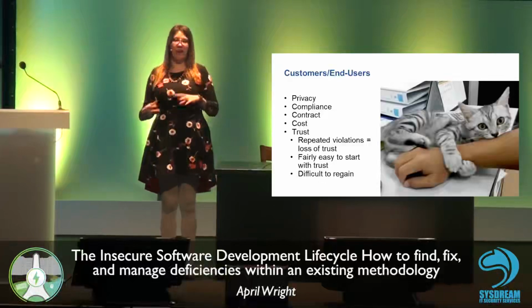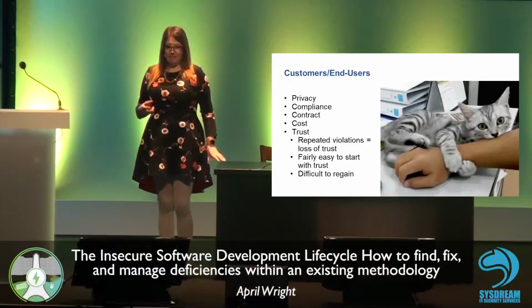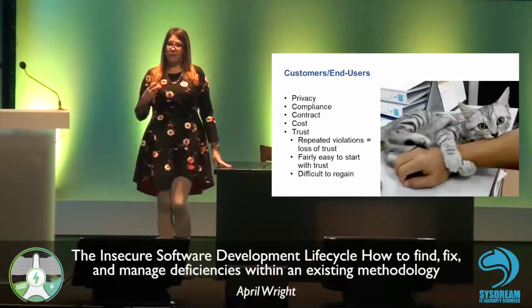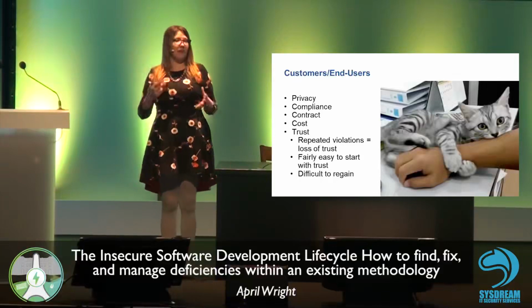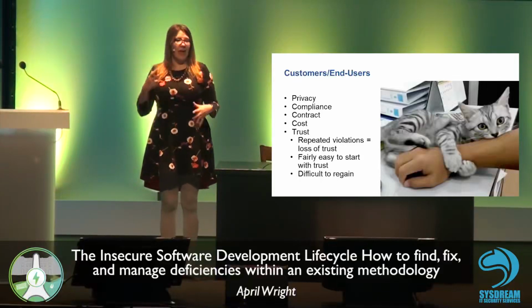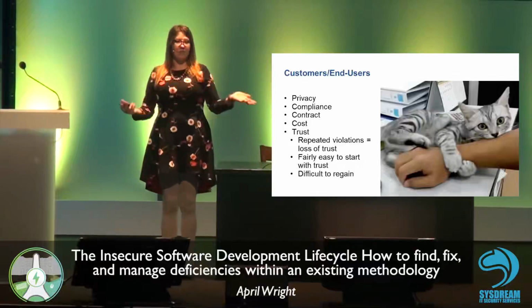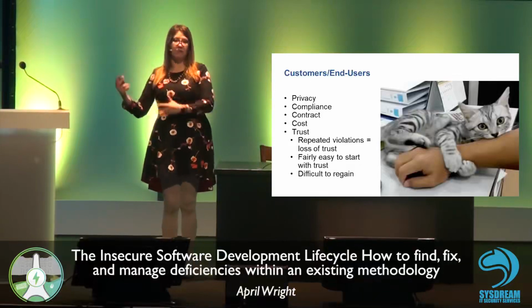Customers have very high expectations that we may not always meet. They care about the privacy of their data. They care about what we do with their data and their services, and making sure they have a lot of trust in what we're doing. And that starts out from the beginning. We build up a certain amount of trust through the sales process and into implementation.